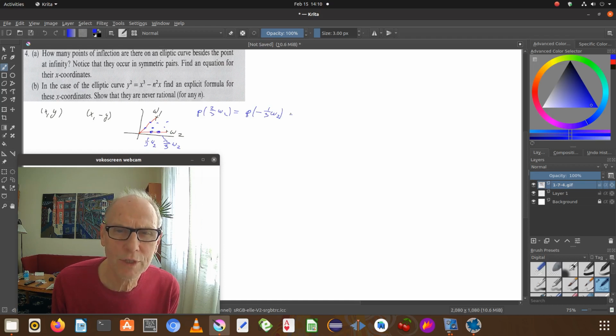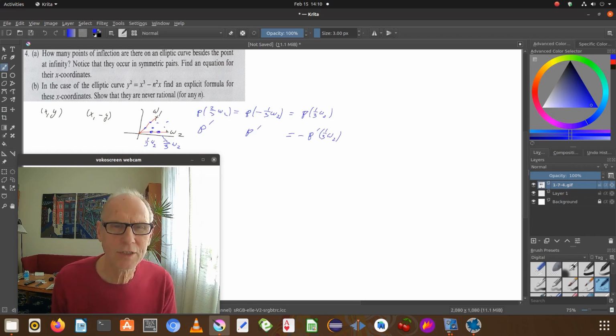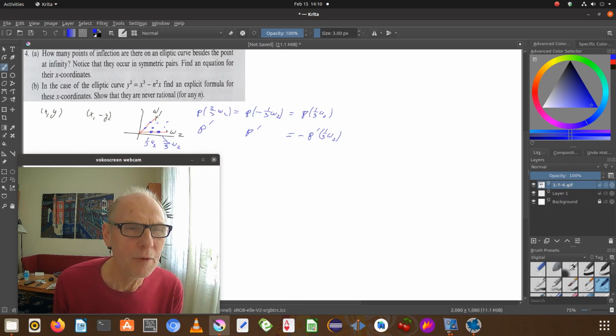Then we use that it's even, so that means they map to the same x value. And doing the same for the derivative, the derivative is odd, so it's minus. So they change sign, be they real or complex, they change sign.